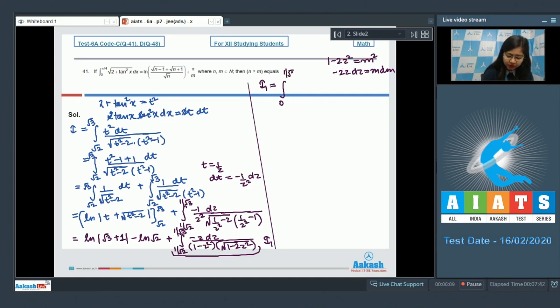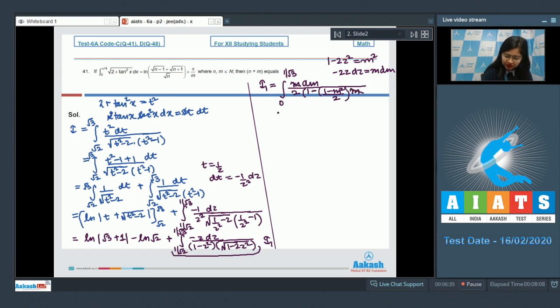So it is the integral of minus z dz, that is m dm divided by 2, into 1 minus z square. 1 minus z square is 1 minus m square divided by 2, into square root of 1 minus 2z square, that is m.